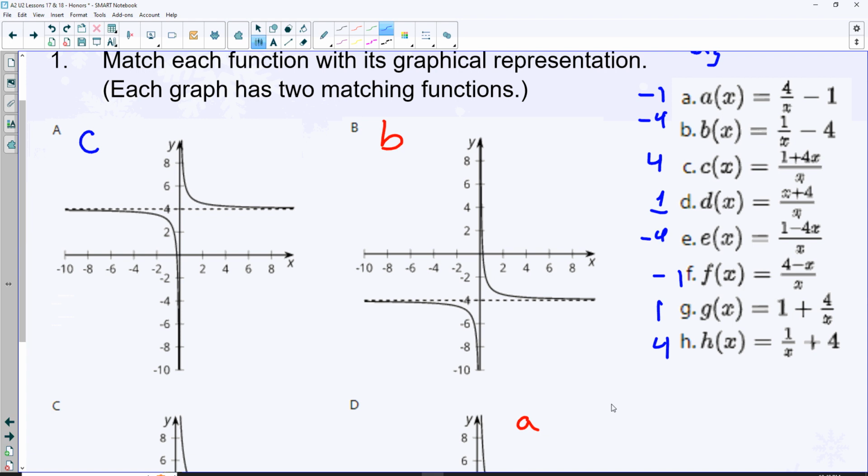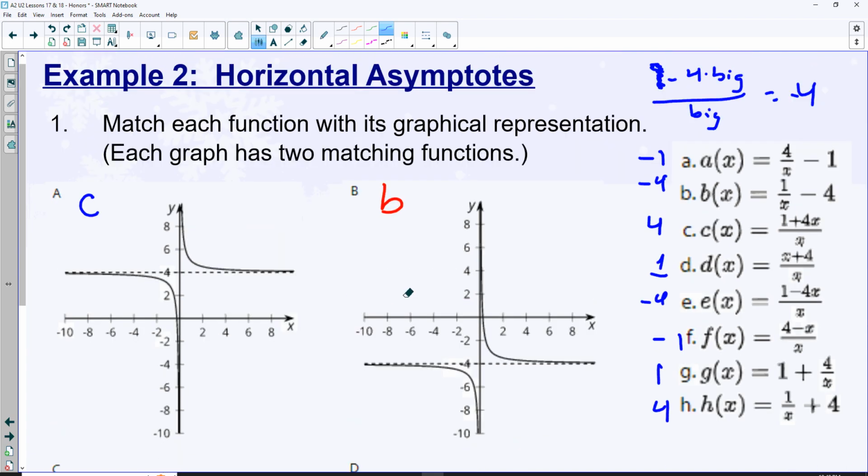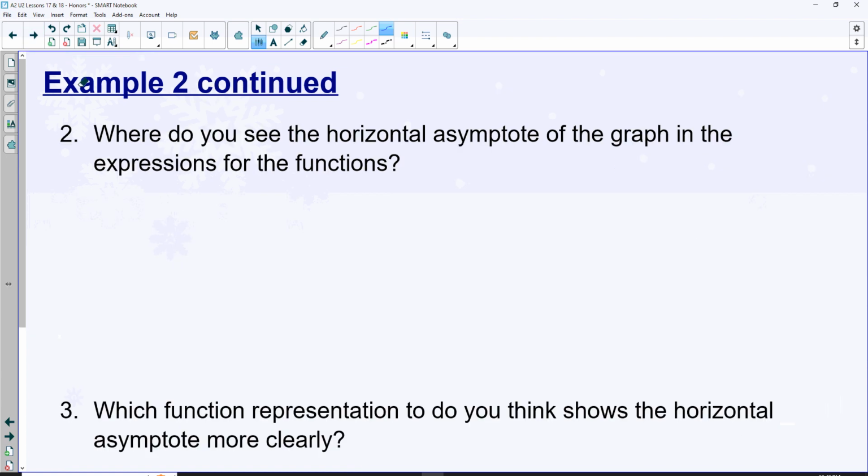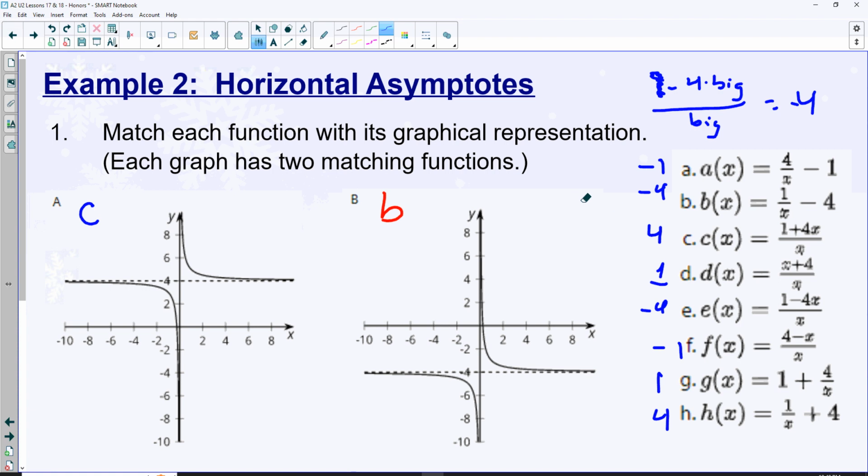So what does that mean? I think we need to clarify this into a rule. Okay. So where do you see the horizontal asymptote in the expressions? We kind of started figuring that out, right?